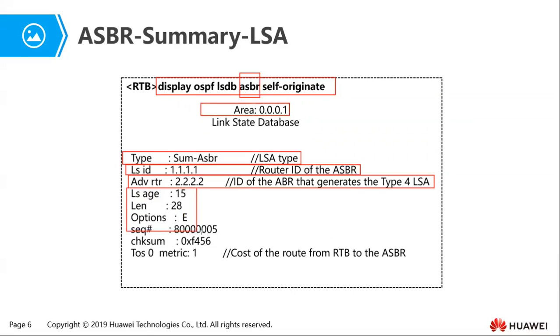The other fields remain the same as many others that we've seen. Then for the metric, this is the cost of the route from the ABR to the ASBR. So you can take a moment to just synthesize what I've just said there.